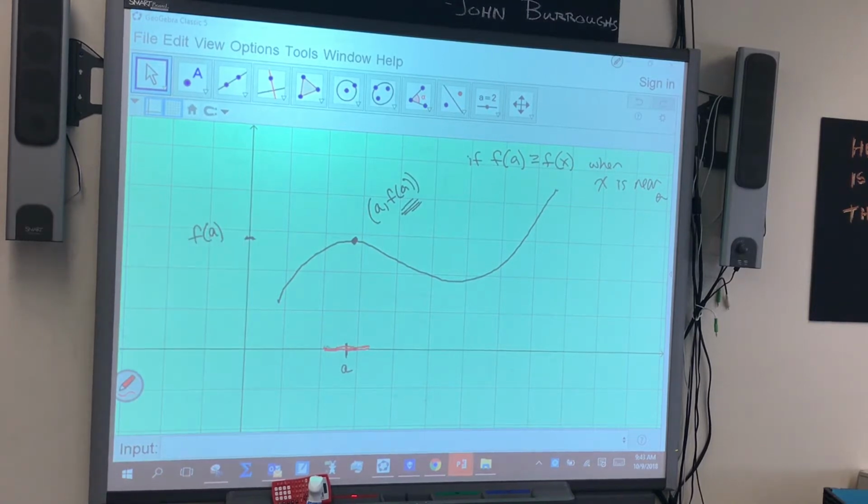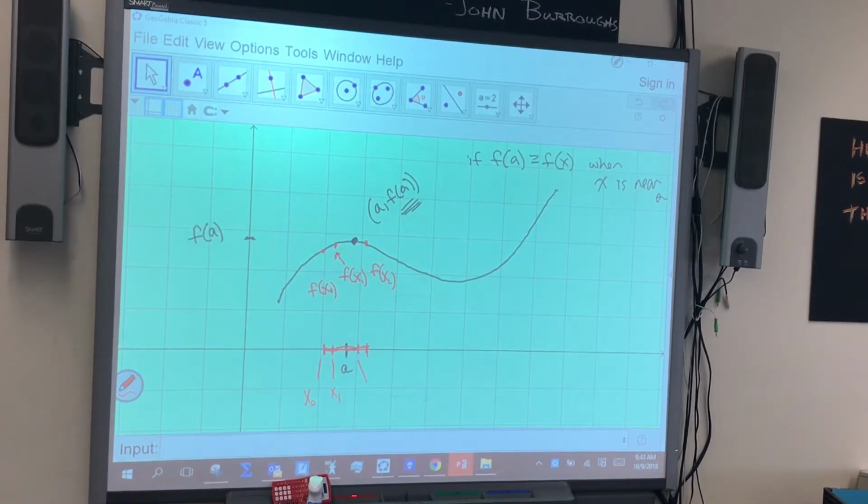Would you guys agree that each one of these is an x value? Well, if I go and look at the respective y values, maybe I call that y value f of x sub 1. So maybe this one here is x1. Maybe this one here, let's call it x sub 0. So the y value there would be f of x sub 0. Maybe this y value here is f of x2.